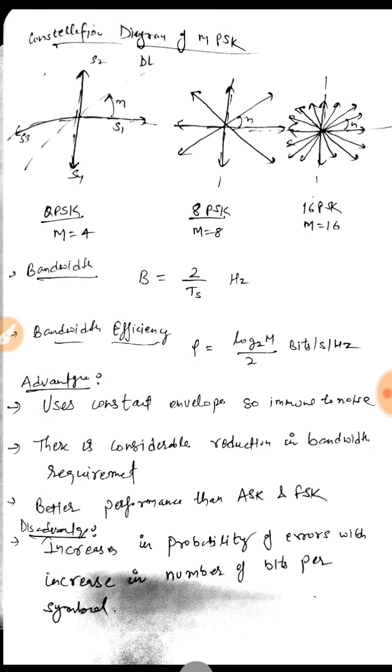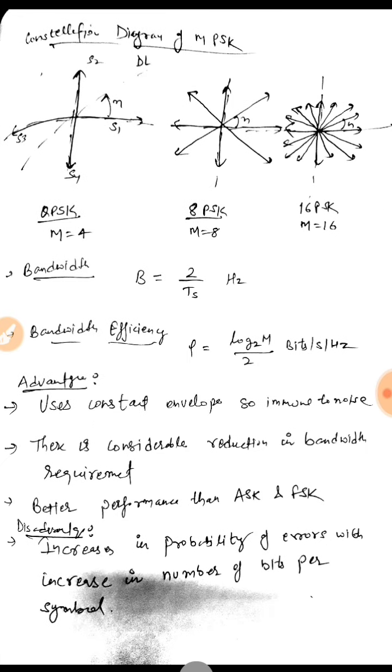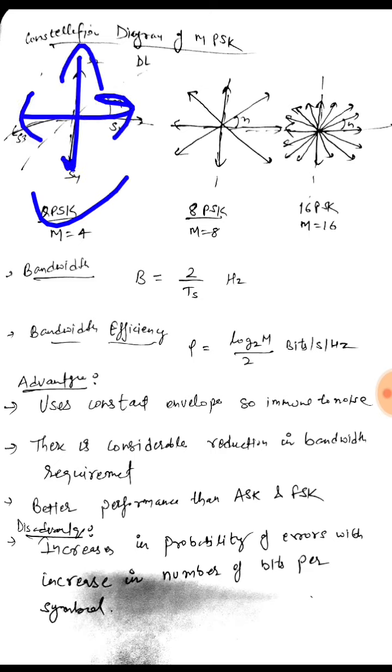Okay, now let's see the constellation diagram of MPSK. If we are using M is equal to 4, QPSK, then it would look like this. There will be 4 phases: 0, 90, 180 and 270.